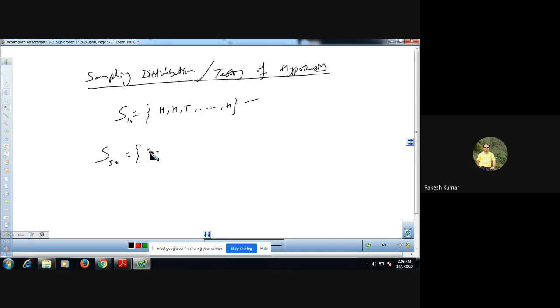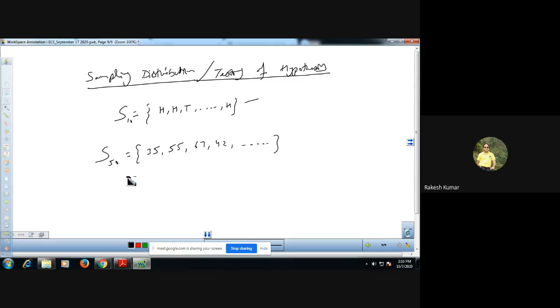The first student, suppose, has scored 35, the second student has scored 55, the third student has scored 67, the fourth student has scored 42, and so on. So in this way we will be able to find out the sample or the sample size. The size of the sample is 50, because the number of students whose scores have been written over here is 50.